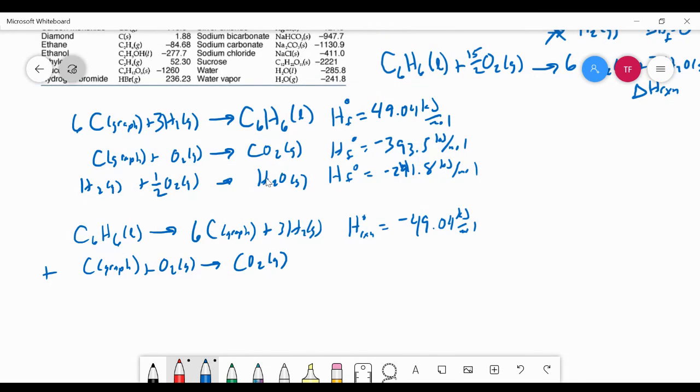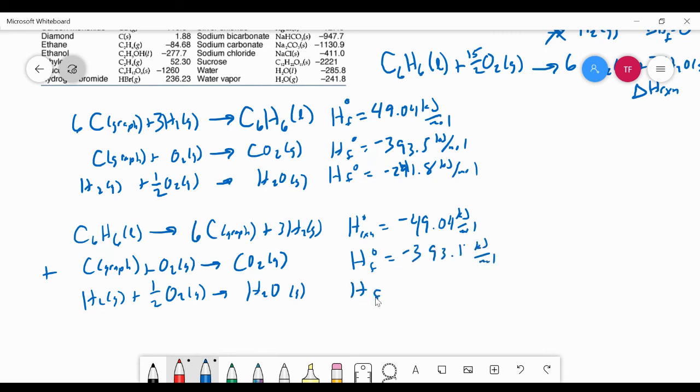This reaction, water's on the right in this formation reaction. Water was on the right in this reaction up here. So H2 gas plus 1/2 O2 gas produces H2O as a gas. And I forgot to write this enthalpy. The enthalpy of formation for this reaction is negative 393.5 kilojoules per mole.